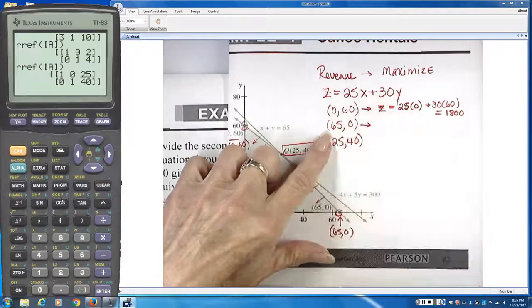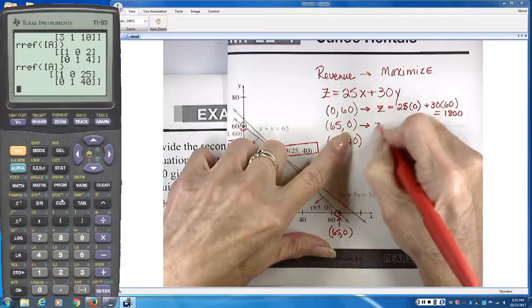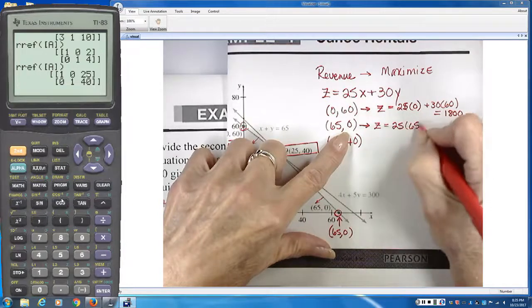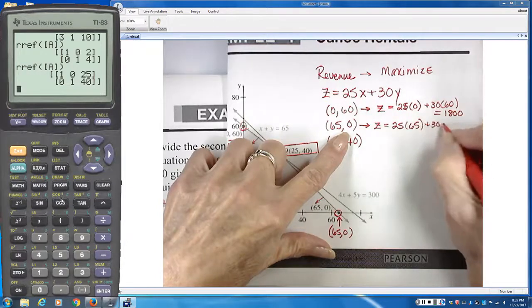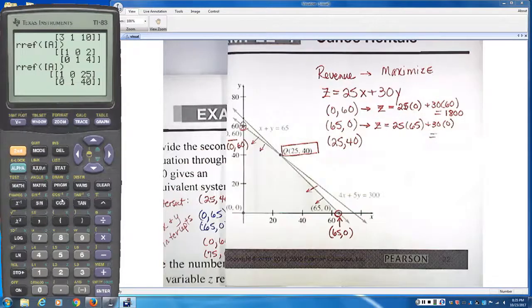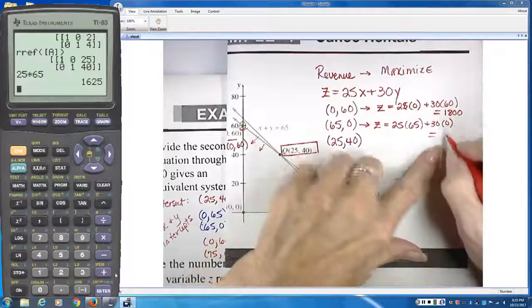Whereas if we have 65 canoes and no kayaks, 25 times 65 is going to be 1,625, so we won't make as much money.